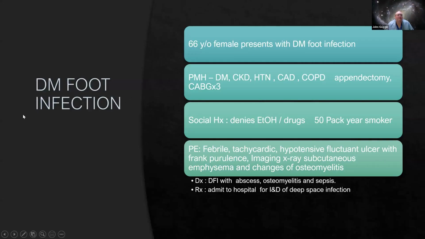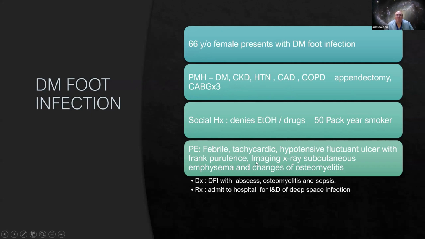So look at a little bit more complex situation. You have a 66-year-old patient presenting with a diabetic foot infection. They have a history of diabetes, kidney disease, high blood pressure, coronary artery disease. They've had a CABG. They're a 50-pack-year smoker. And you find that the patient is basically a sick patient.